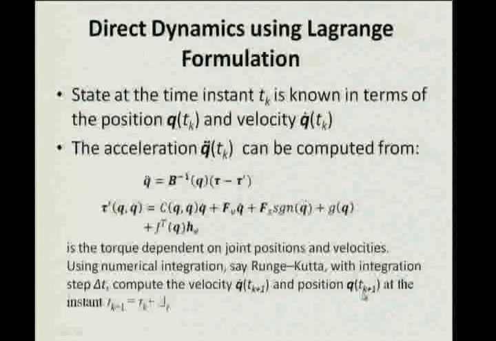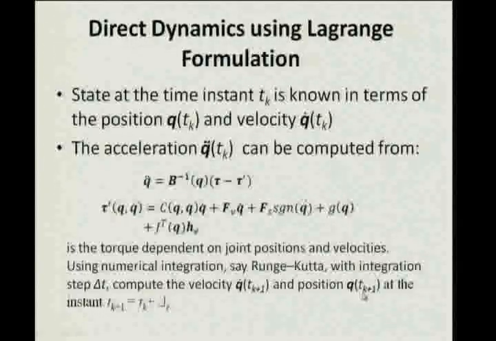For the next time instant you get these two values, you go back, you recompute your tau prime, you recompute your b, you invert the matrix again and you are in business. Repeat this until you reach the time that you are interested in. So, this is the basic procedure, and we will try doing this in the lab this week and next week. This is the Lagrange formulation, where it is straightforward.